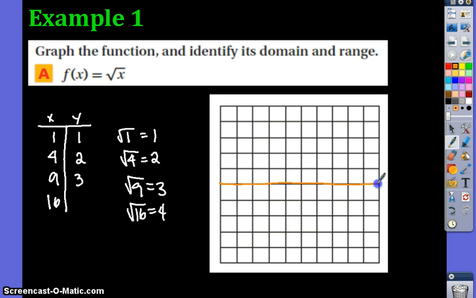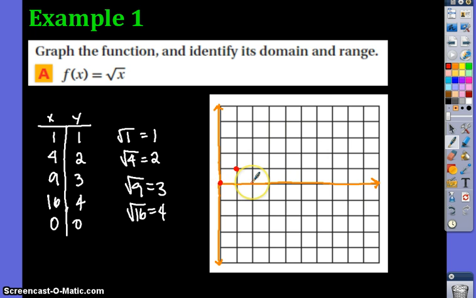Here's my x-axis, and here's my y-axis. I'm going to start way over here because of my values. Also, let's try one more: 0. Oh, I forgot the 0. If we plug in 0, we get out 0. So in our graph, we're going to have 0, 0. We're going to have 1, 1.